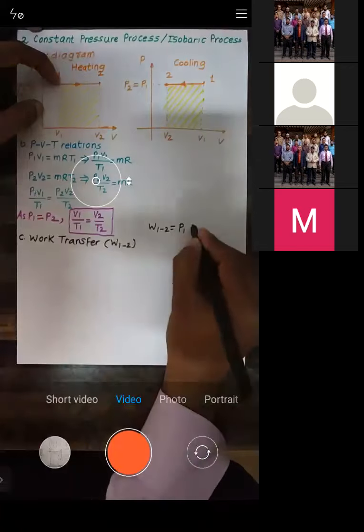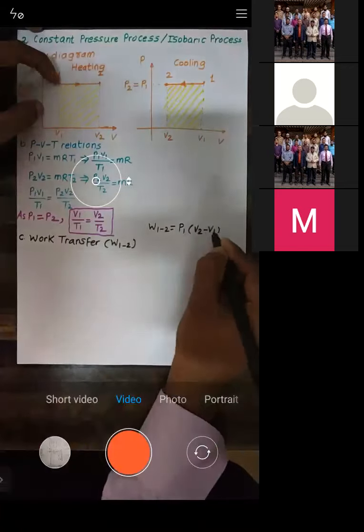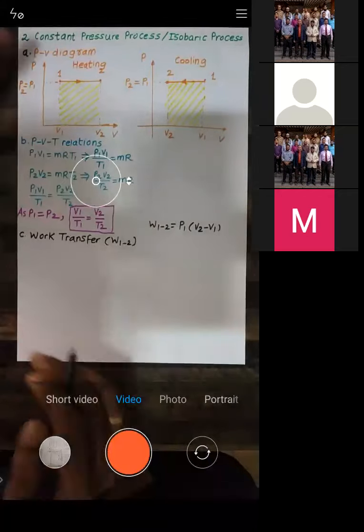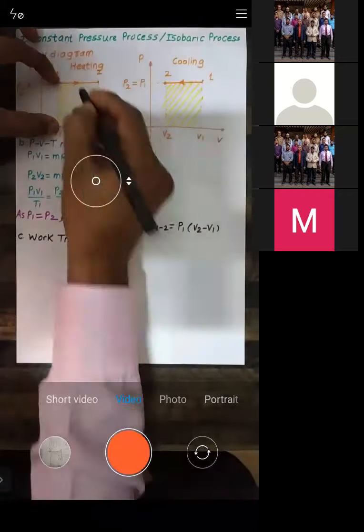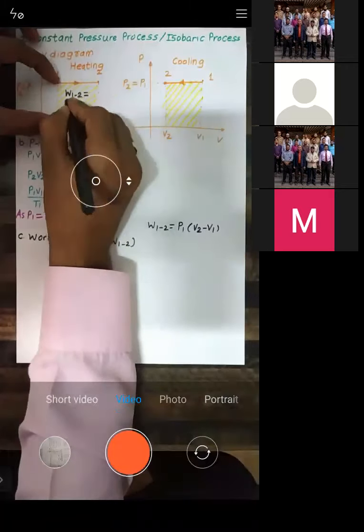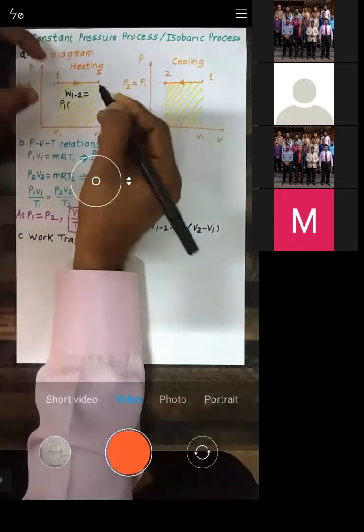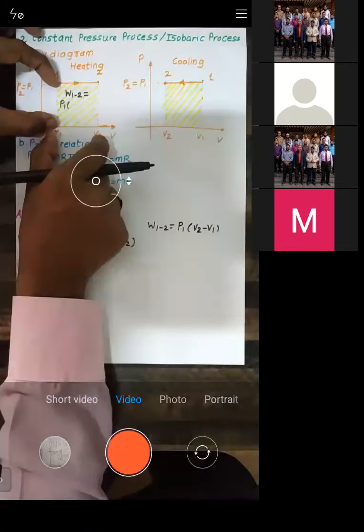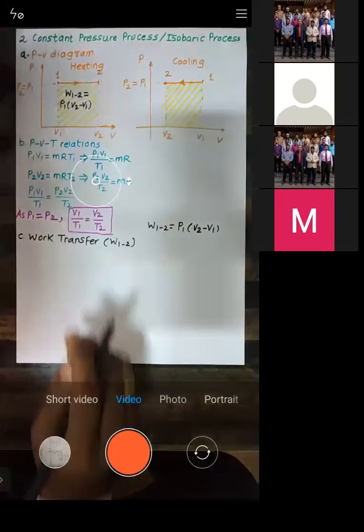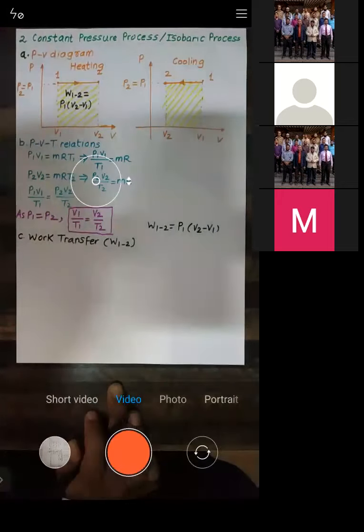So W12 is given by P1 into V2 minus V1. Yes or no? Is it okay?